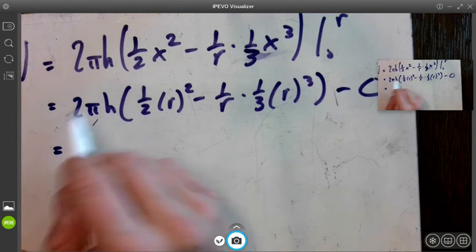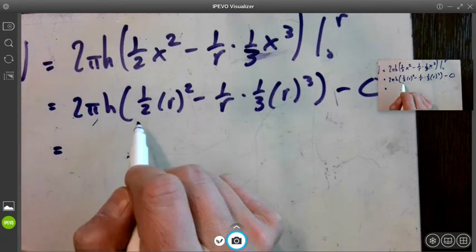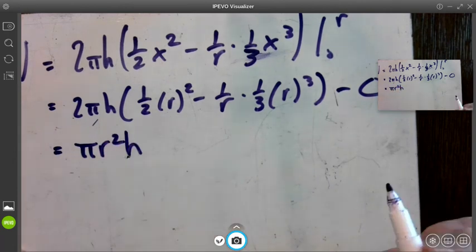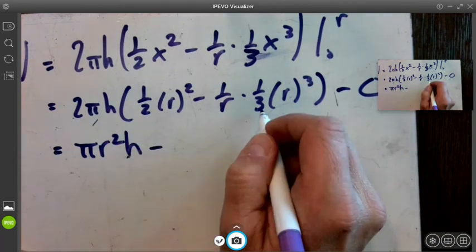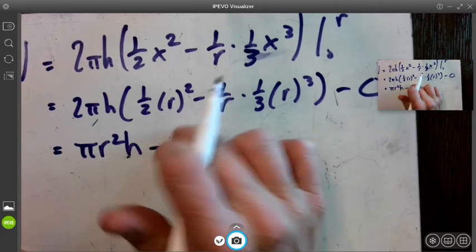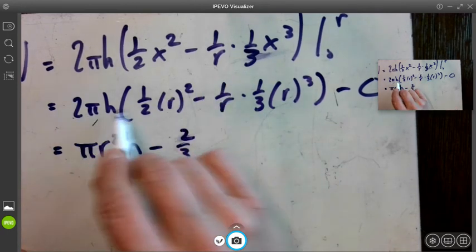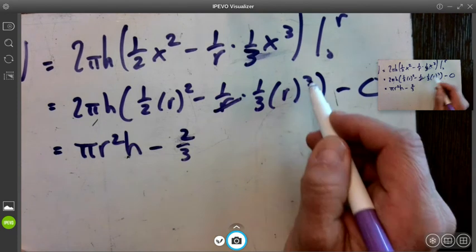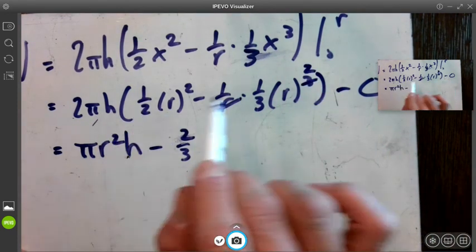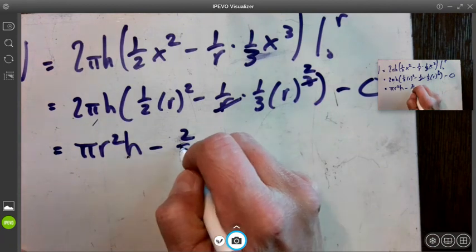Half of 2 is 1, so I will get pi r squared h for that first part. Distributing 2 pi h, this r cancels out, I have r squared left over, and I'm going to have 2 pi h r squared all over 3.